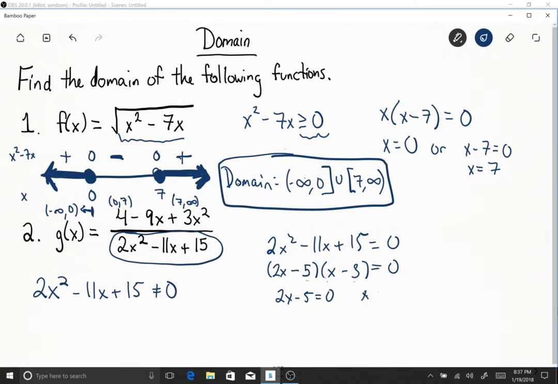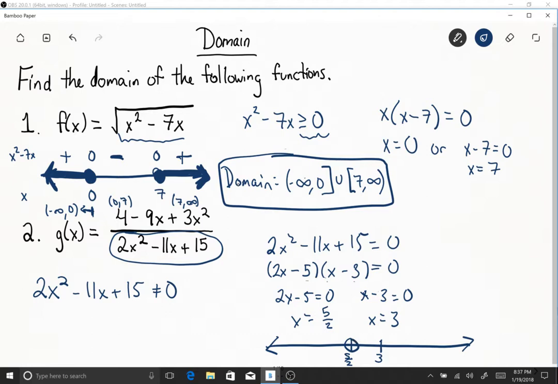So now just set each factor equal to 0. And some of you may be able to do this in your head. That's totally fine. So notice we get x equals 5 halves and x equals 3. In terms of what that looks like, 5 halves is 2.5. So you have 5 halves sitting right here, and then you have 3.